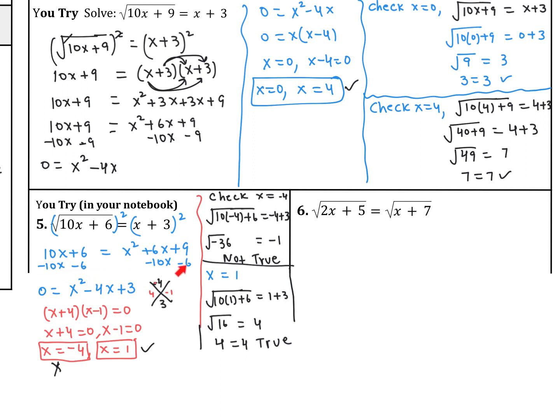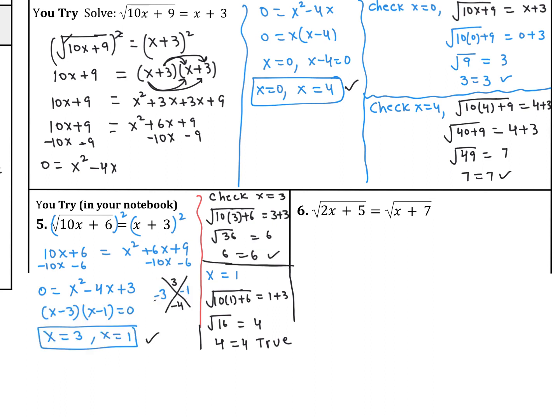Subtract 10x and 9, you got this equation, and you use the cross method, where on the top of the cross is 3, on the bottom is negative 4. The two factors you got are x minus 3 and x minus 1 equals 0. You set them equal to 0 one by one, x equals 3 and 1. And you're going to check both the x values using the original equation, plugging in 3 first and then plugging in 1. They both came out true, so the answer is x equals 3 and x equals 1.